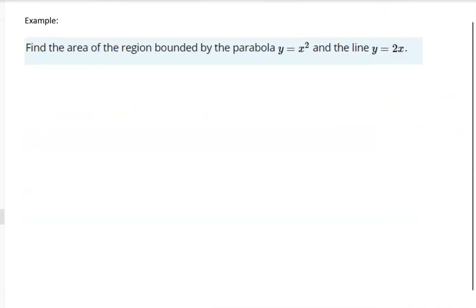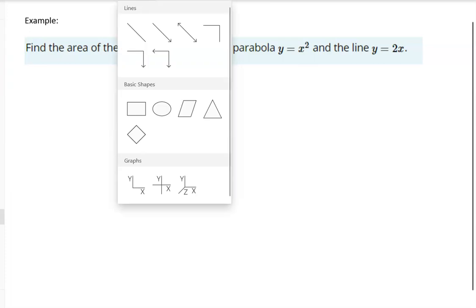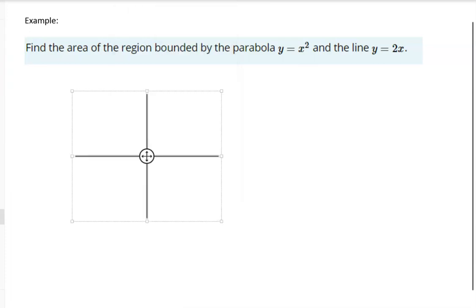What I'd like you to do with this is graph the two functions. We're going to do this tech-free, ladies and gentlemen. I'd like you to graph those two functions on the same set of axes.